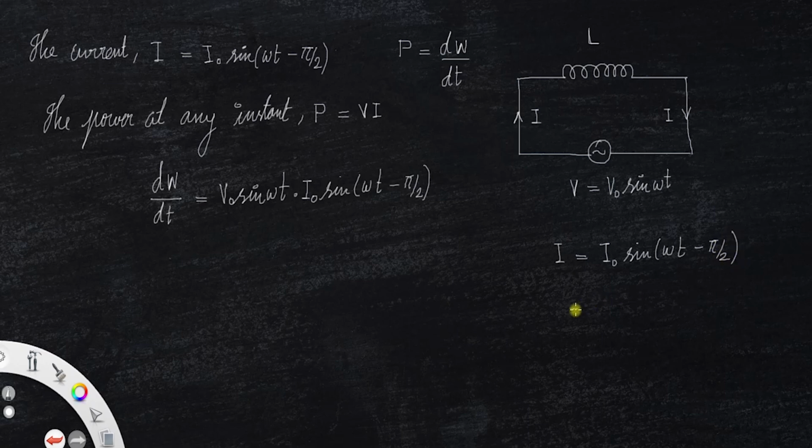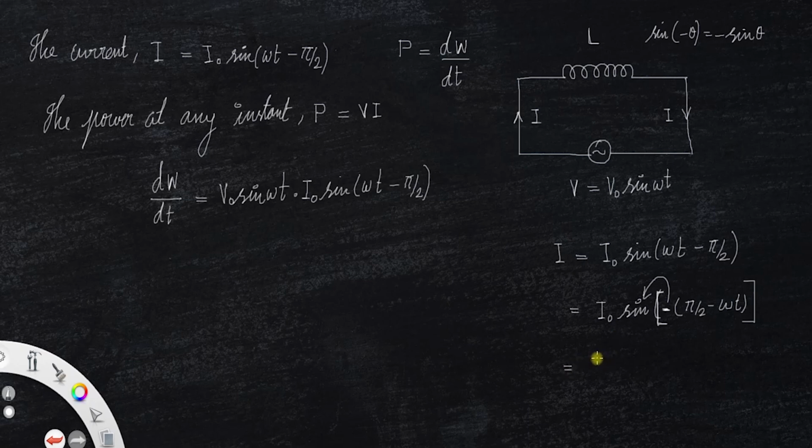Now this can be written as I0 into sine, if I take the minus out, pi by 2 minus omega t. I take the minus from both these terms so that this term gets reversed. Now you know sine of minus theta is minus sine theta, so I can take this minus out of the sine.